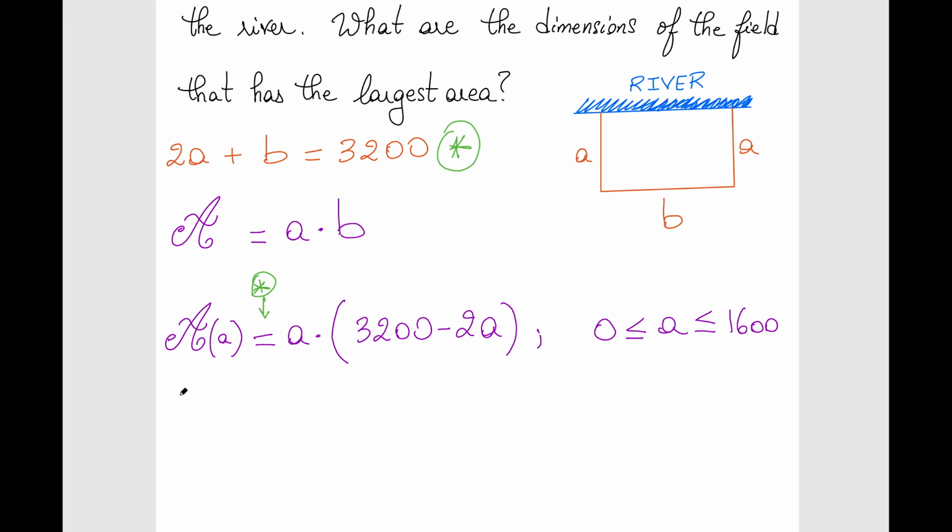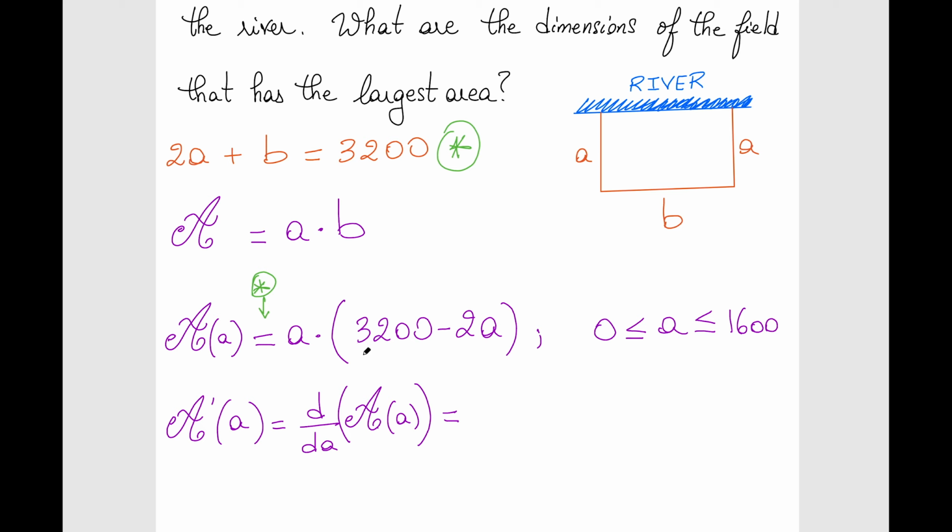Well, we're going to differentiate calligraphic A, the area function, with respect to little a. This means we're differentiating that function capital A, or calligraphic A, with respect to little a. Make sense?